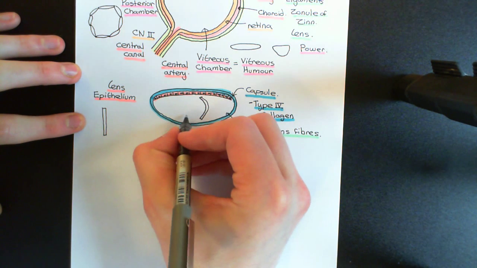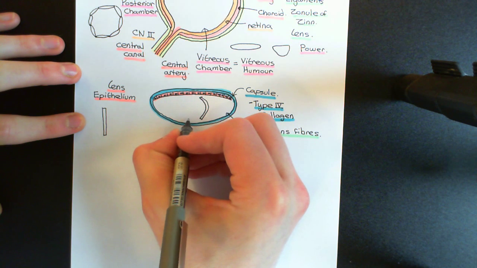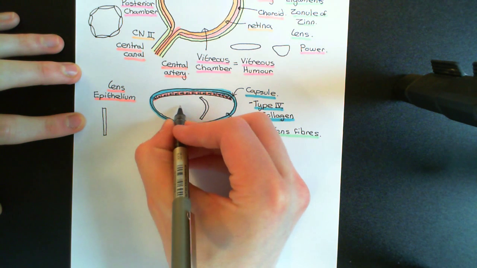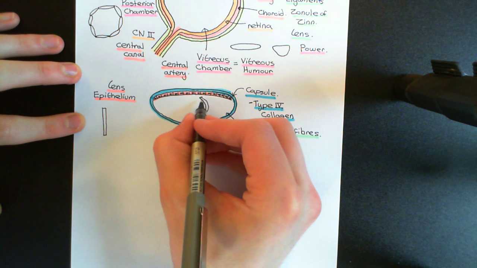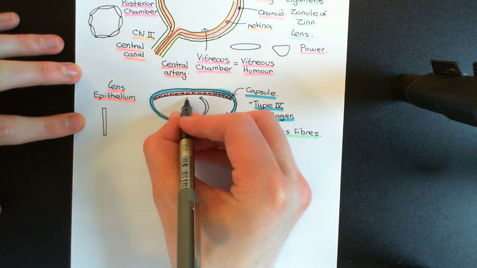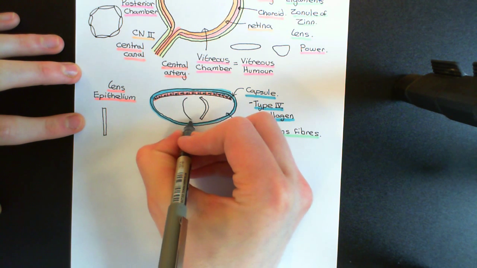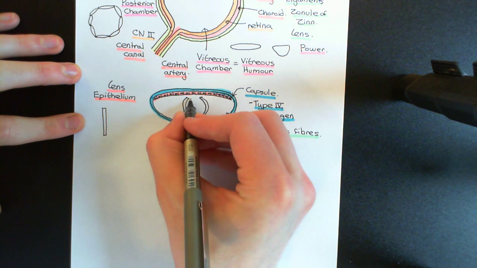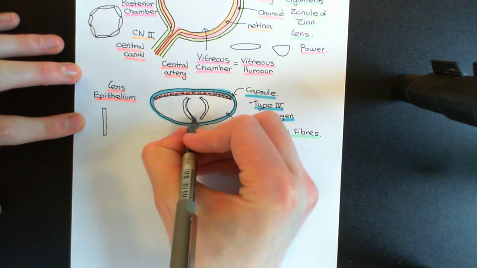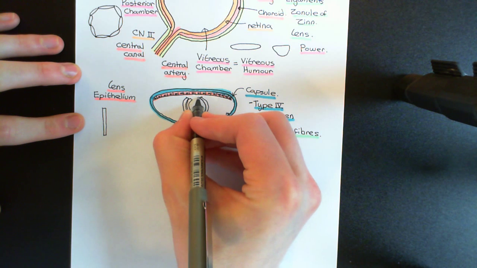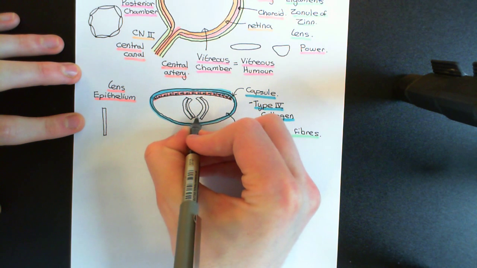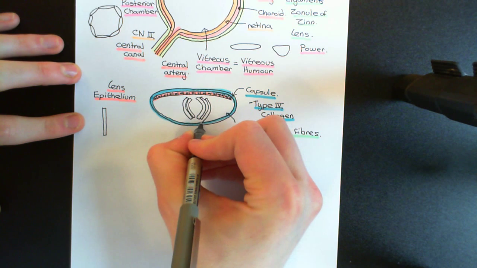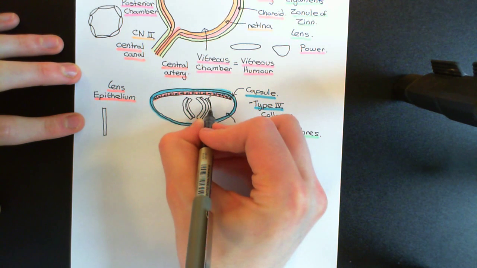They're always going to be sort of circumferentially. They're always going to be sort of like forming an arc of the circle around the centre, and this gives the lens a sort of onion skin structure, because on this side the lens fibers will be oriented like so, and then we'll have another one maybe like this, another one like this, another one maybe like this, another one like this.